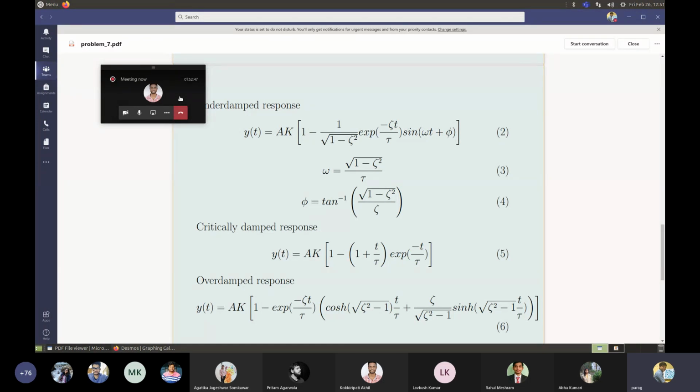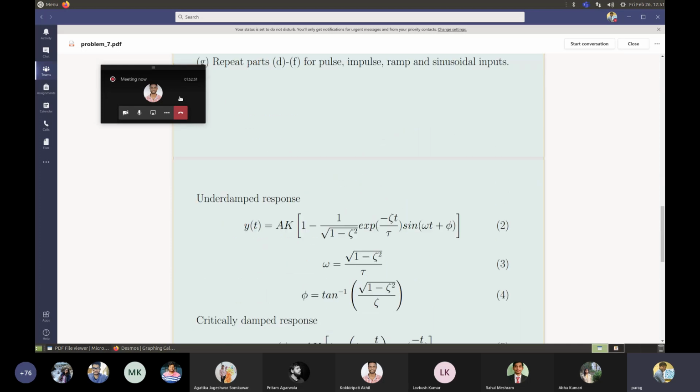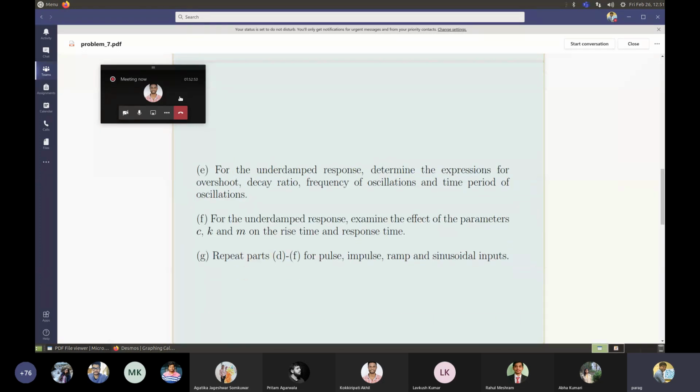If you cannot do it at all, get back to me. I will guide you appropriately. Okay, so these are the two questions. Repeat the parts for pulse, impulse, ramp input. The possibilities are infinite. You have to just go to the online plotter, change the variables and see the effect of the variables on the dynamics.